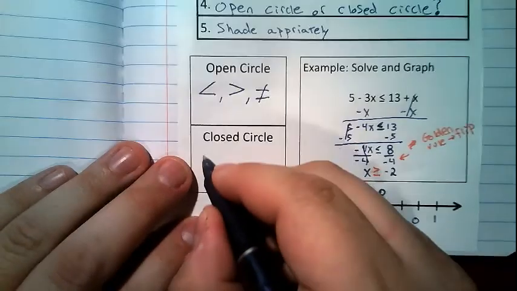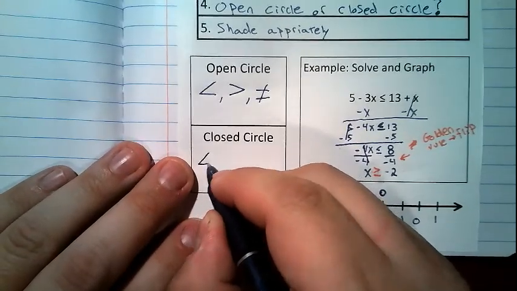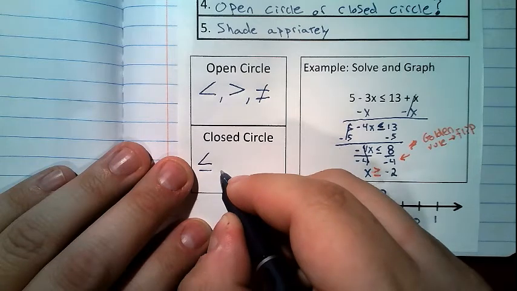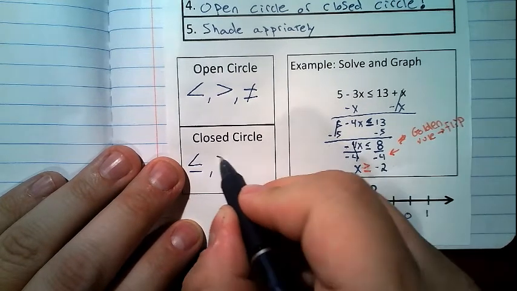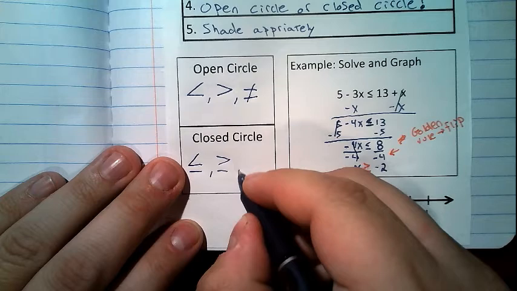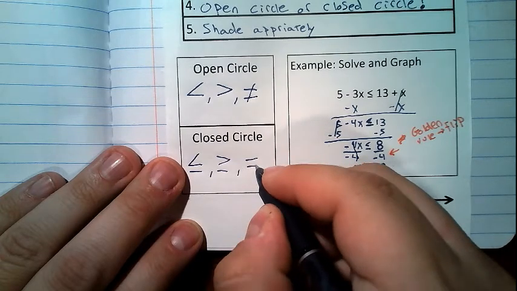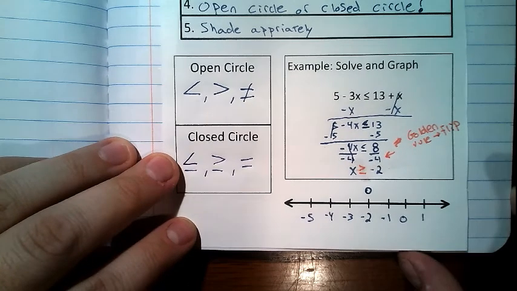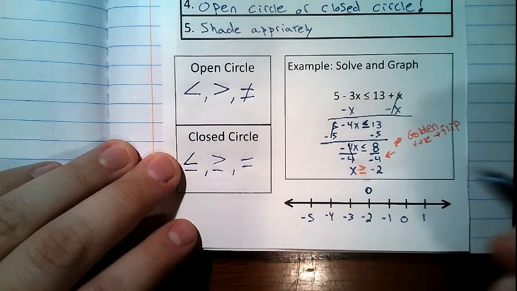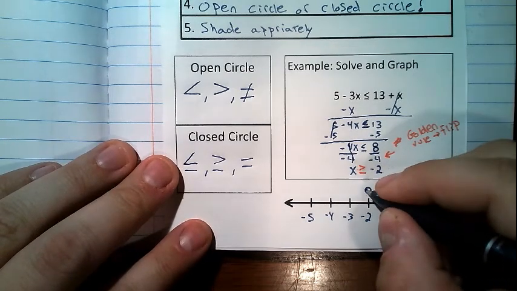Closed circles are going to be the less than or equal to, greater than or equal to, and then just equal to. So for this one, we have a closed circle.